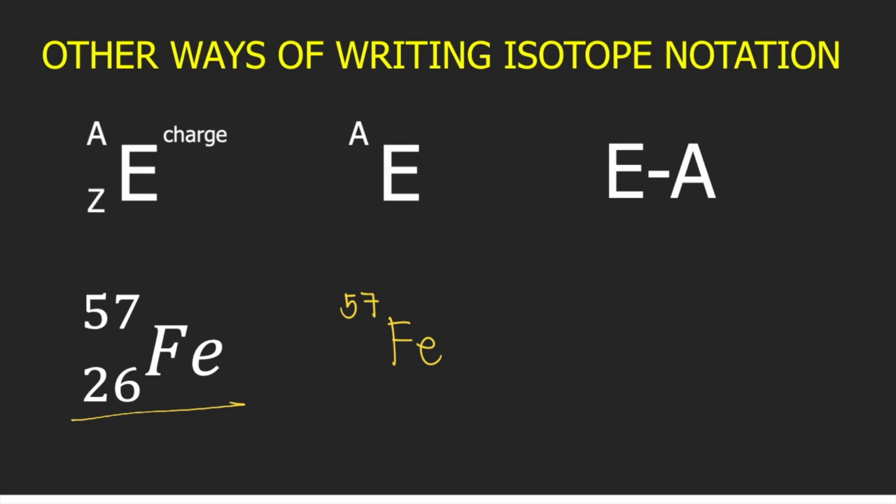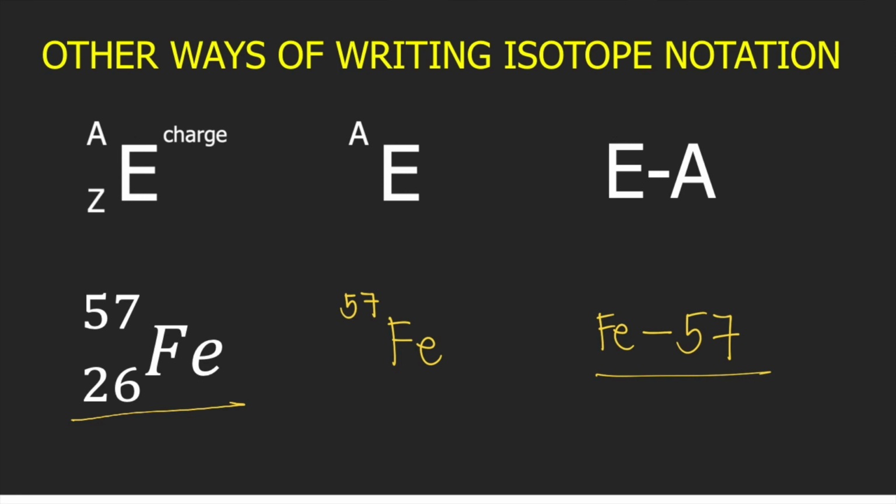And for the third form, your element E is Fe, and then a dash, and A is the mass number. So Fe-57. This one is a common way of writing isotope notation.